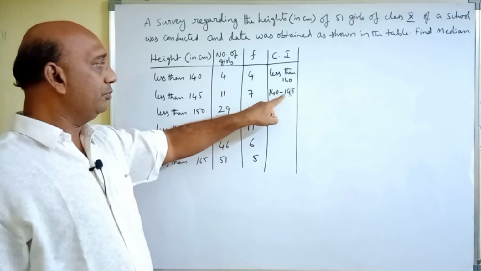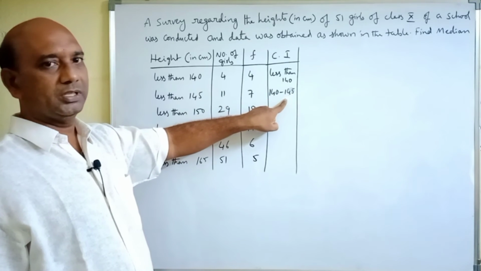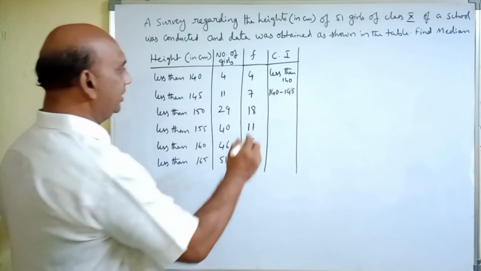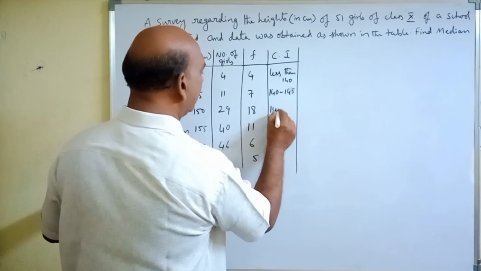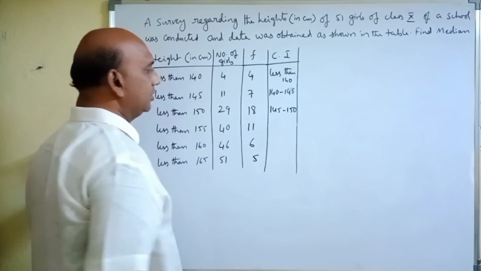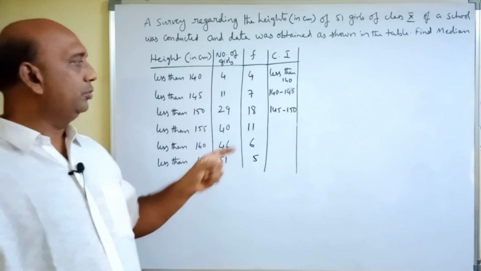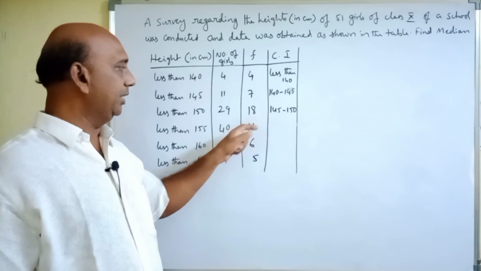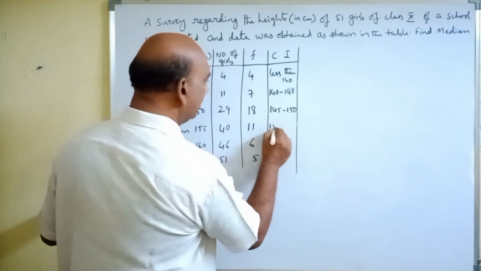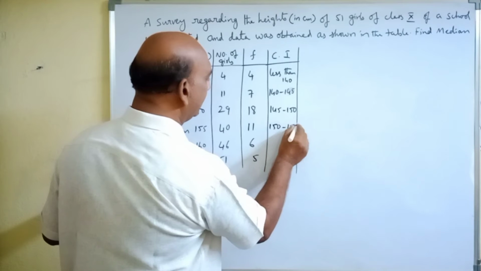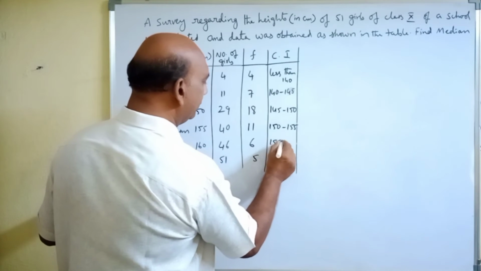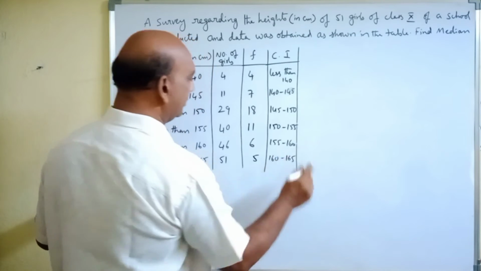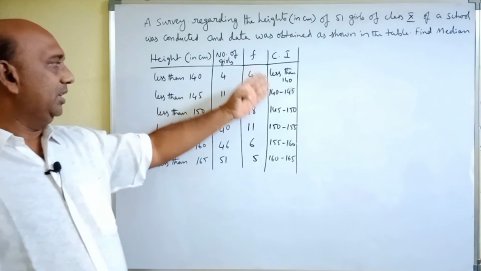From 140 to 145 centimeters height are 7 students. And then this is 145 to 150. So the number of girls whose height is from 145 to 150 is 18. The next class is 150 to 155, then 155 to 160, and then 160 to 165. So these are the classes.